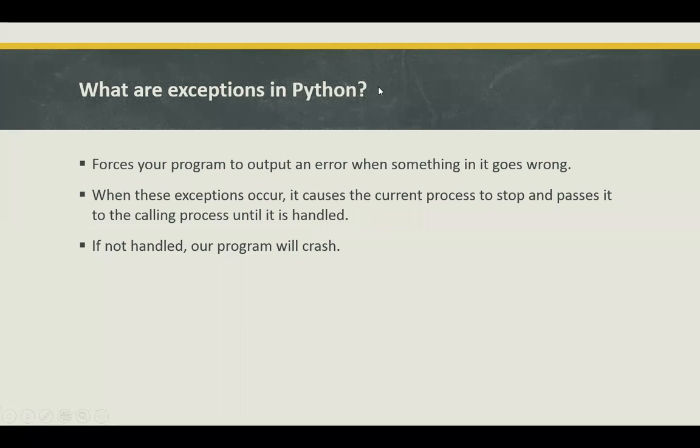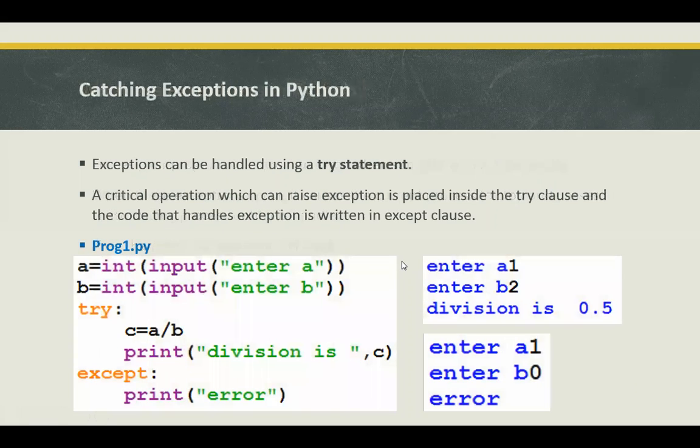In try, we write the code where the error may probably occur, and we catch the error in except, right? As we discussed earlier, if we do not handle these things, our program will crash.